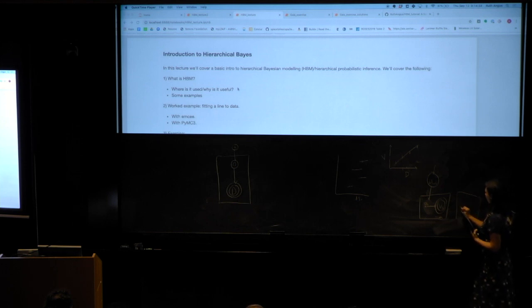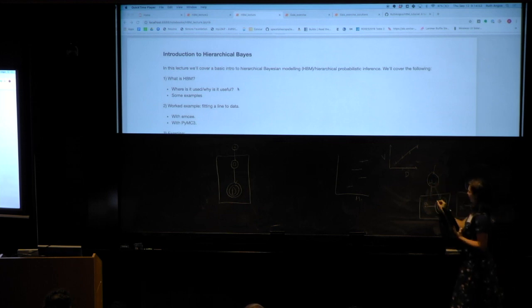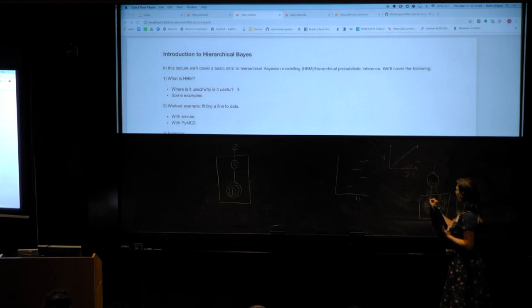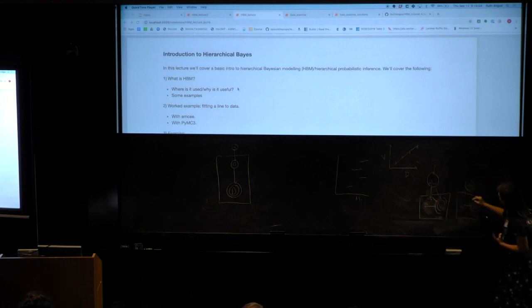So we can do the same thing for Cepheids. And we want to infer an H0 from the Cepheids. This is also going to have some noise, sigma bs, which is the uncertainties of the velocities.